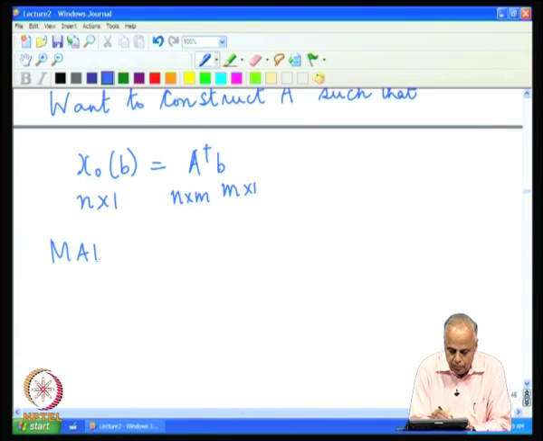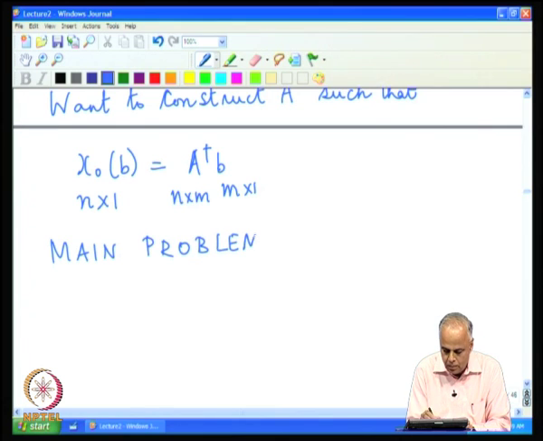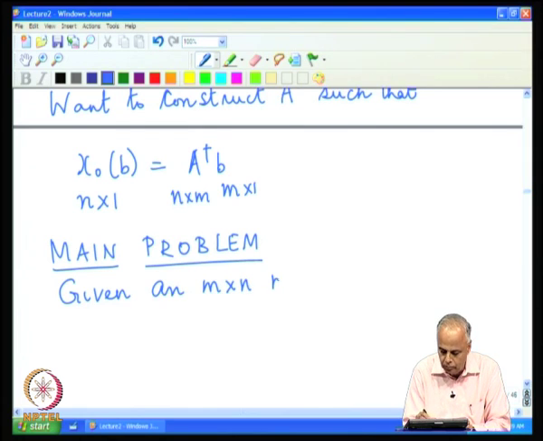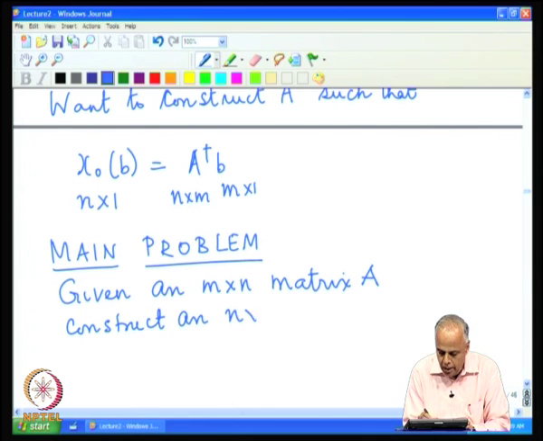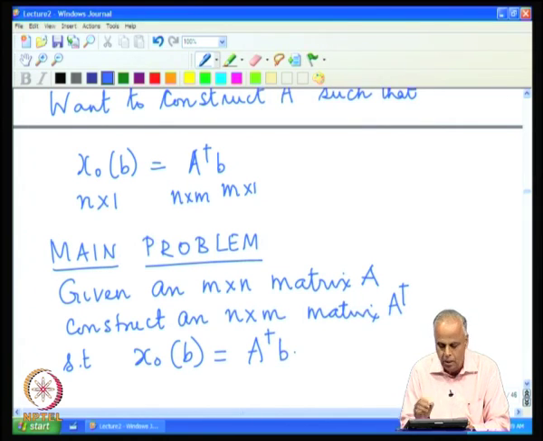So, the main problem is: given an m by n matrix A, construct an n by m matrix A dagger such that x naught b is equal to A dagger b.